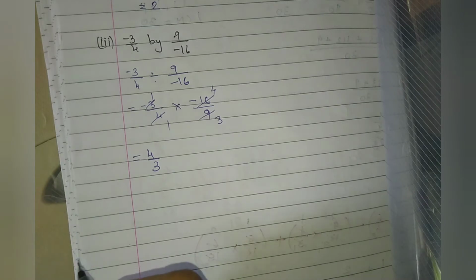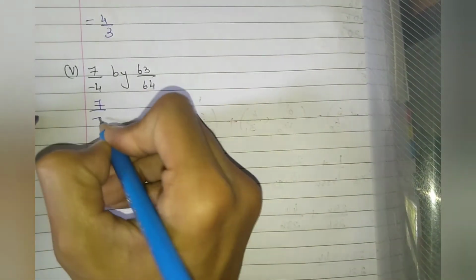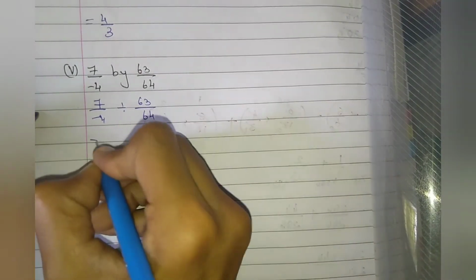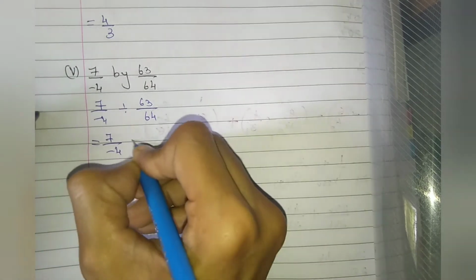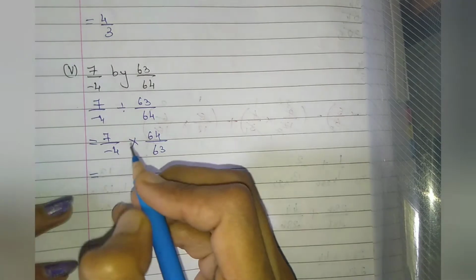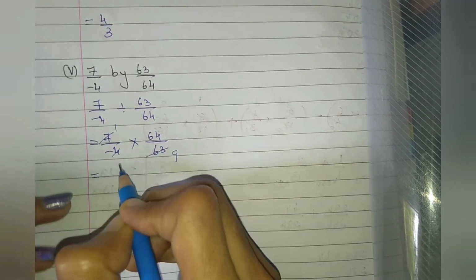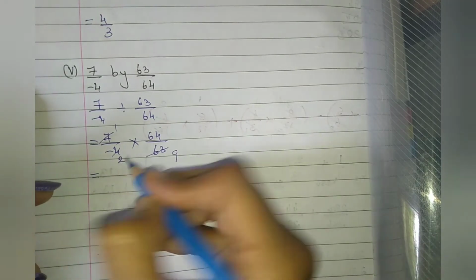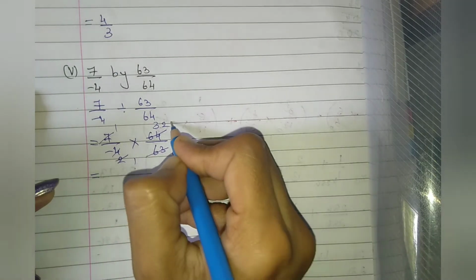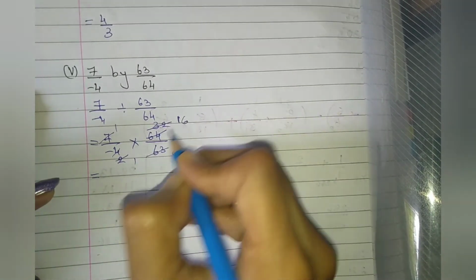Now let us see the fifth one, that is 7 upon minus 4 divided by 63 upon 64, which is equal to 7 upon minus 4 multiplied by 64 upon 63, which is equal to 7 1s are 7, 7 9s are 63, 4 16s are 64.